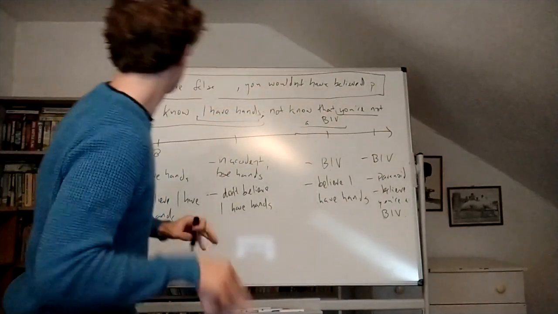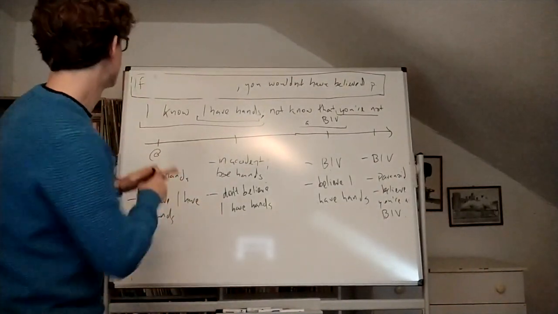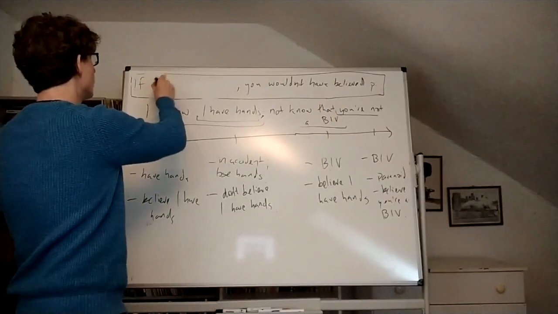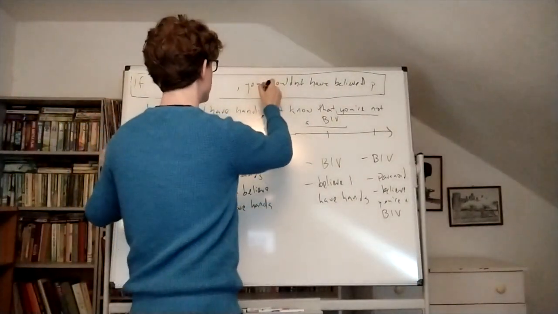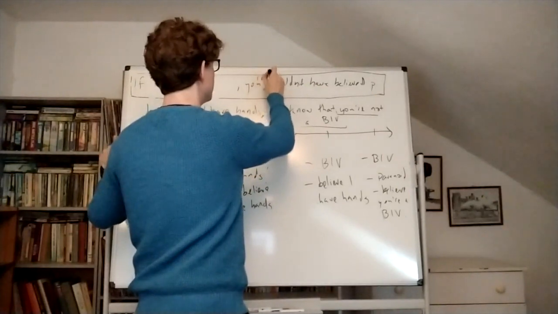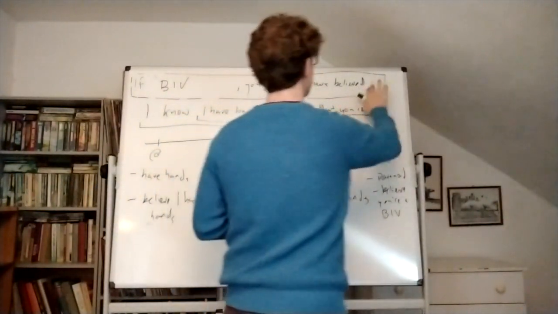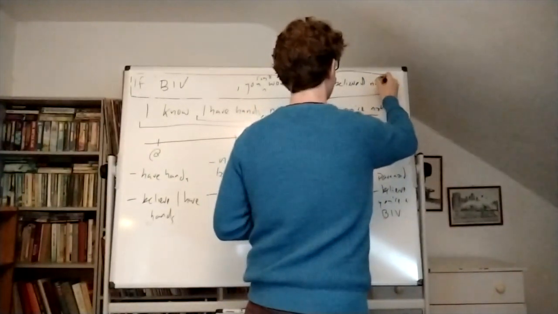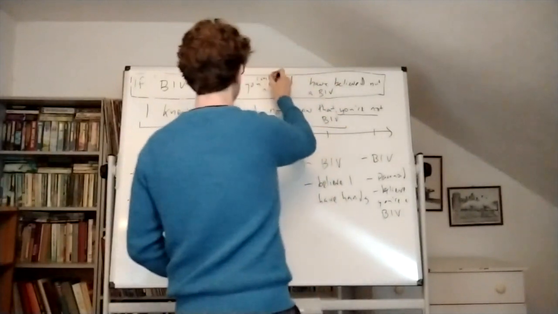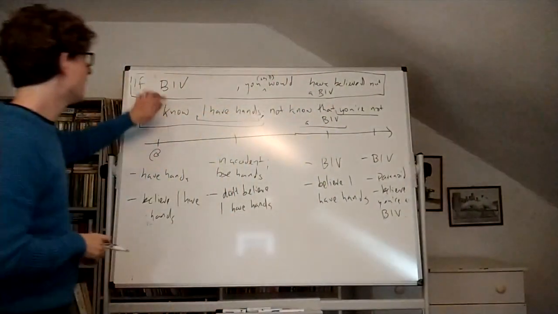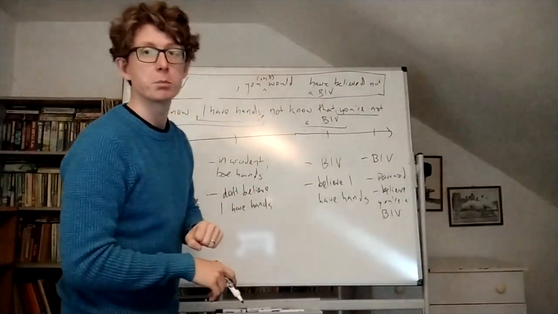So just to simplify that even further, what we're going to show is that the following is true: that if you were a brain in a vat, you still would have believed that you were not a brain in a vat. So we're going to show that even if you were a brain in a vat, you still would have believed you were not a brain in a vat.